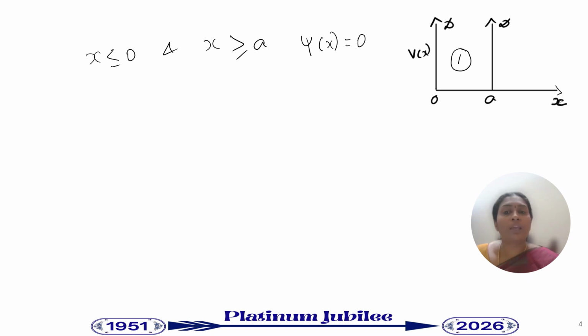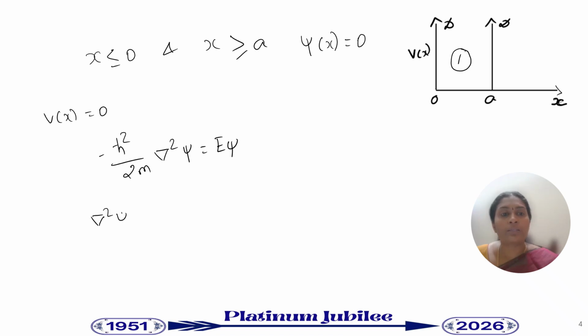Okay, so I can use Schrodinger's time independent equation, and we know that V of x is equal to 0 in this first region. So I can write Schrodinger's time independent equation as minus h cross square by 2m del square psi equal to E psi, or I can write del square psi plus 2m by h cross square into E psi equal to 0.